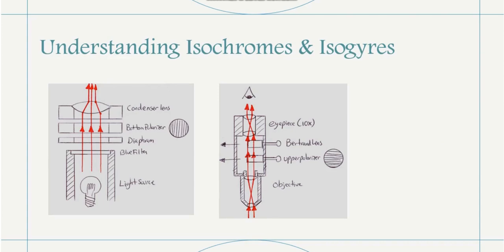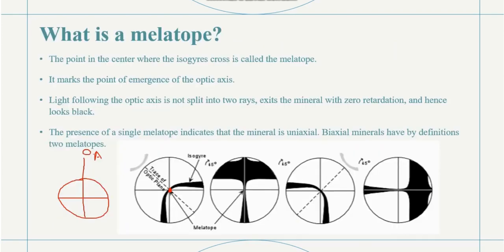So this light, as it goes up and past this diaphragm and into the condensing lens, exactly this one, the metal one, does not split into two rays. Then when it passes through the objective, it will form what we call zero retardation, and it will look black.